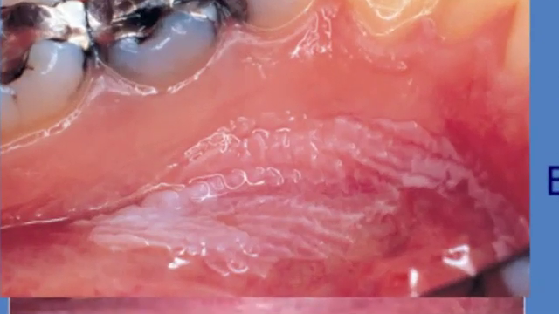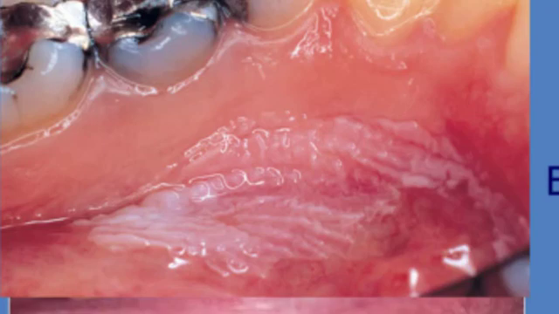Now, leukoplakia is going to be a white plaque-like lesion, except the plaque-like substance cannot be rubbed off. So here we have an example of a tobacco chewer's leukoplakia. This is in the lower mandibular vestibule, where this particular patient is holding his tobacco. And so it has developed a leukoplakia. If you were to wipe that, it would not come off.